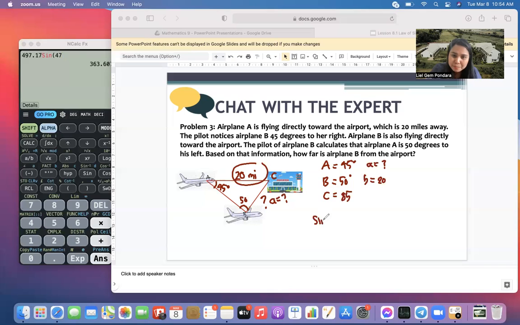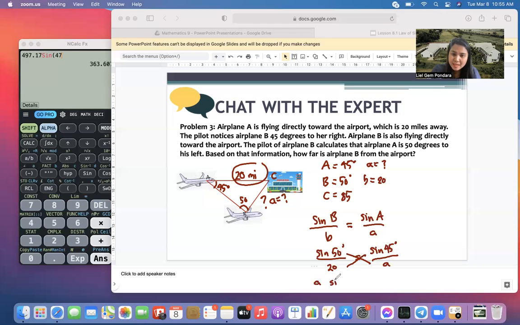So let's write our complete set first. Sine B over side B equals sine A over side A. Let's substitute. Sine 50 degrees over 20 miles is equal to sine 45 over side A. Cross multiply.